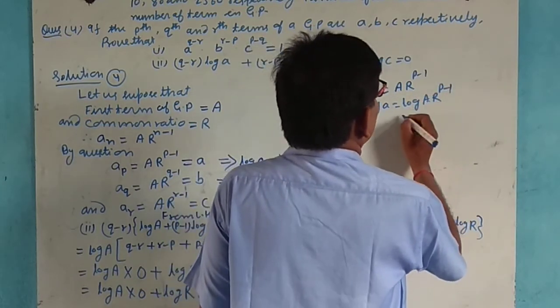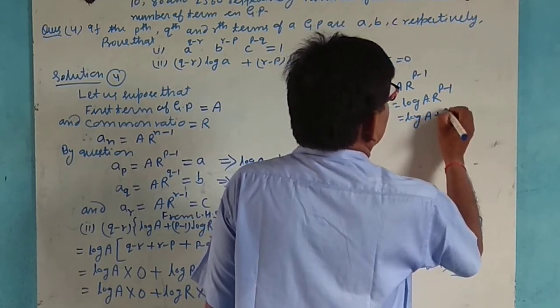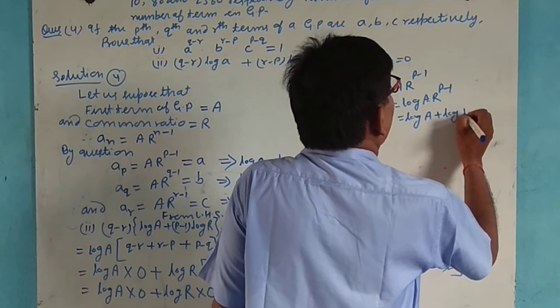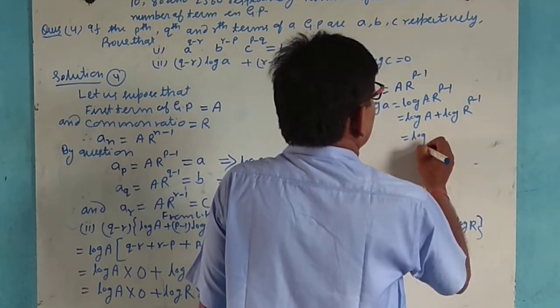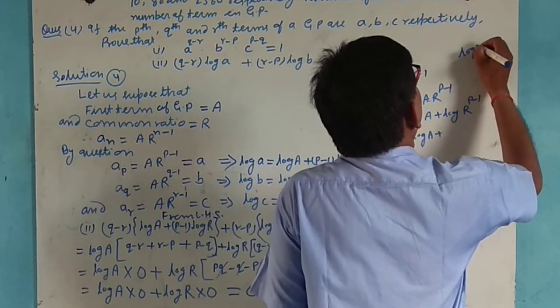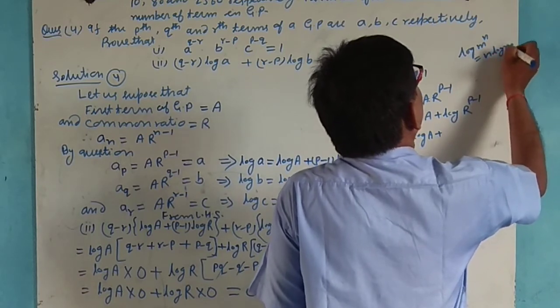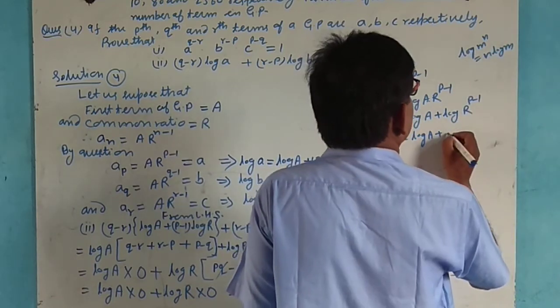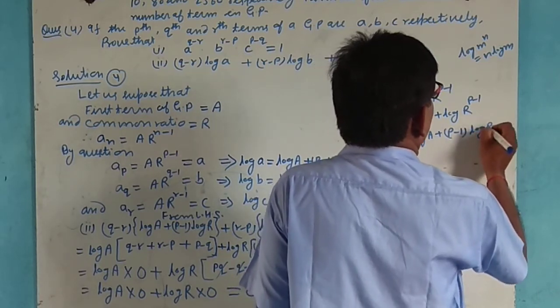Log of m into n equals log m plus log n, so log A plus log R to the power p minus 1. And log m to the power n equals n log m, so this equals (p minus 1) log R.